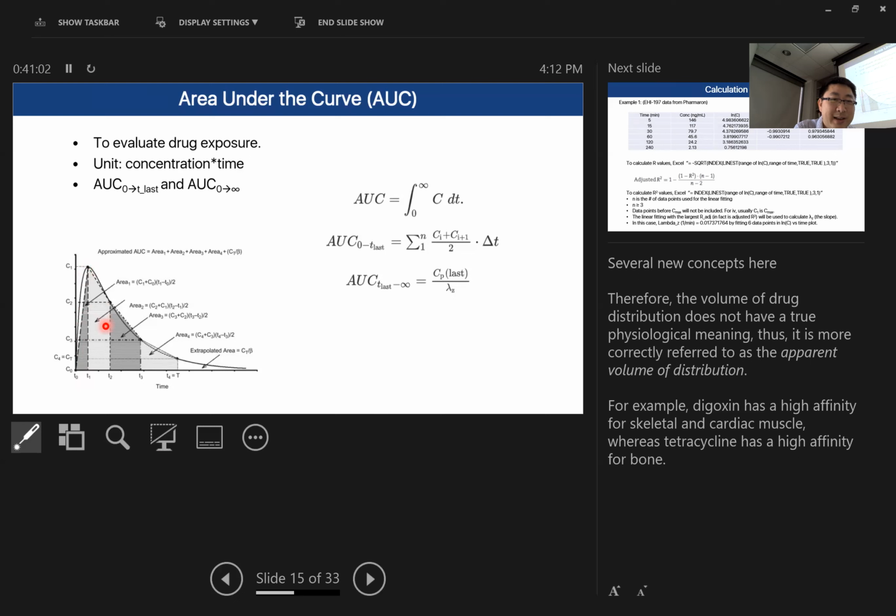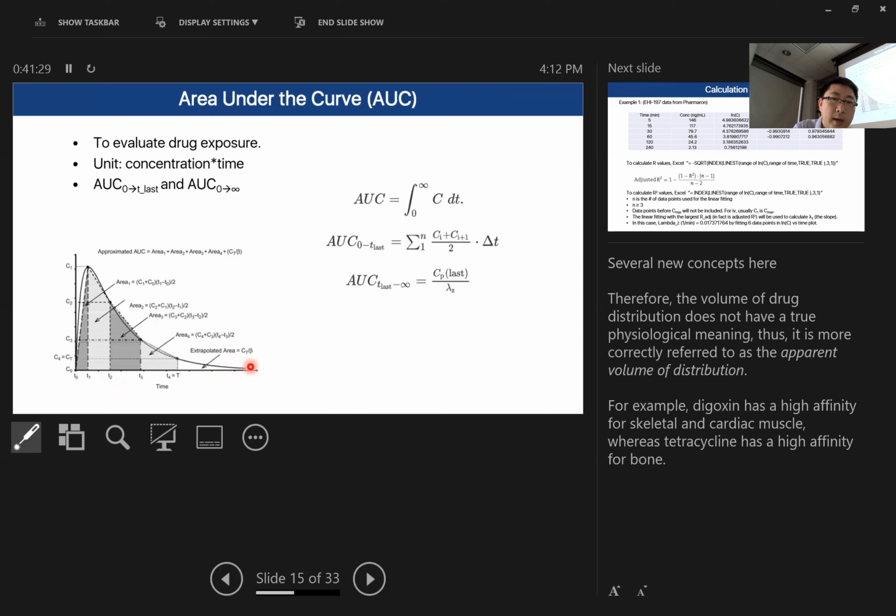But then another thing is, what about the end? If you do the fitting, you also have some AUC, but you don't have any data points here anymore, right? So there's another approximation here.